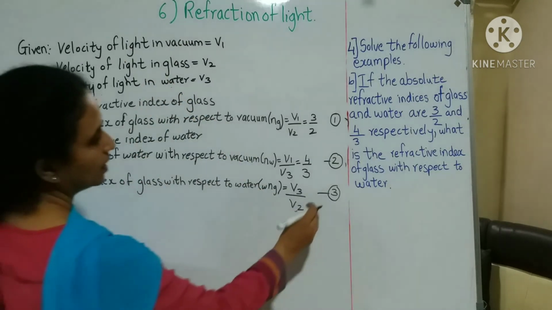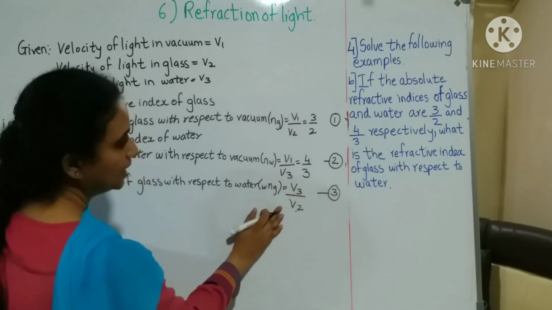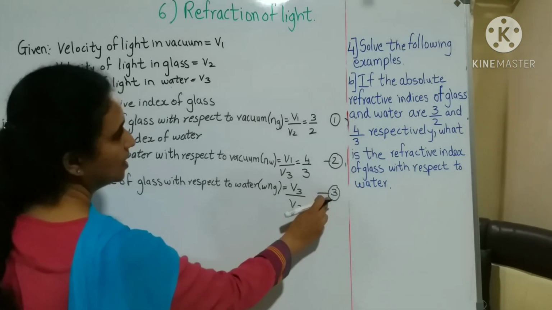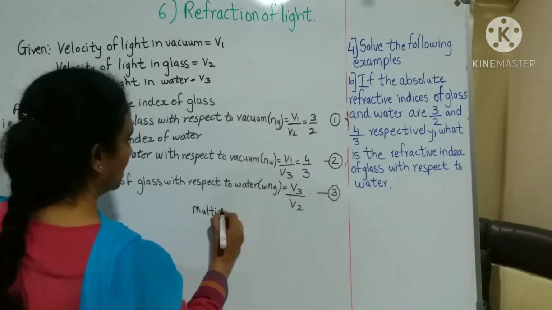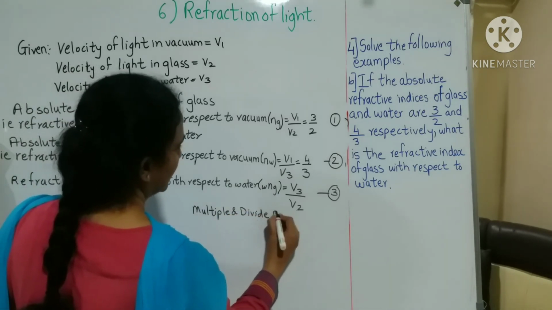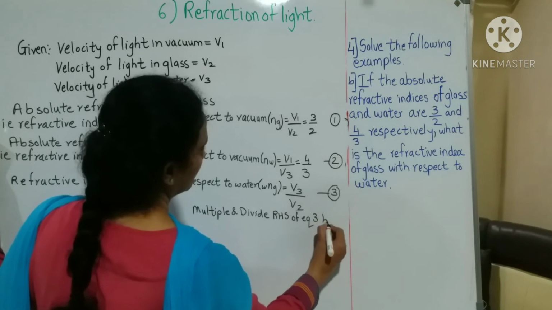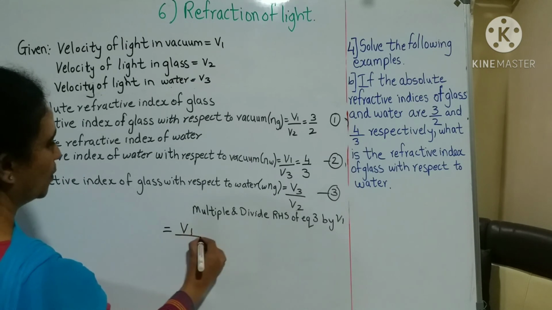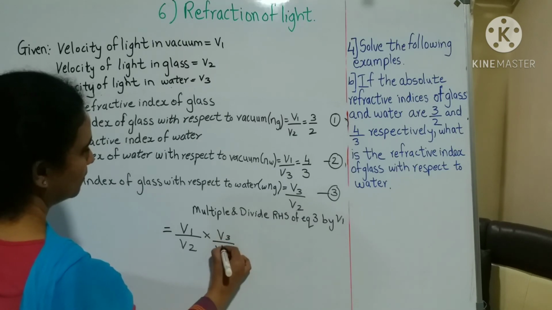So if you see over here equation 3, you don't have V1. So you will multiply and divide the right hand side of equation 3 by V1. So you get V1 upon V2 into V3 upon V1.